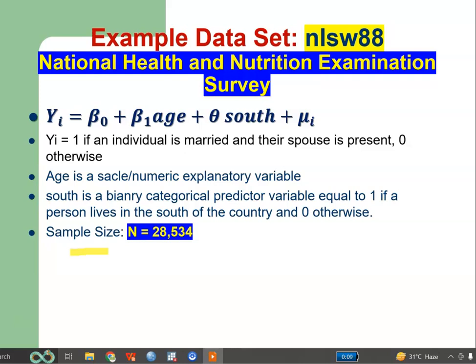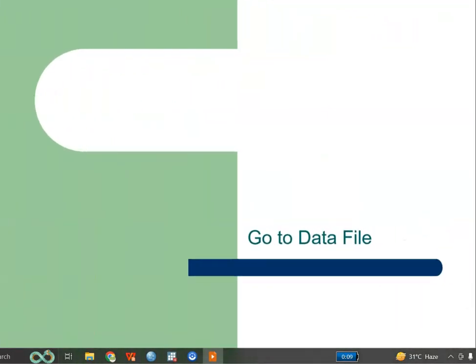The sample size, the number of individuals who have participated in this study, is 28,534.